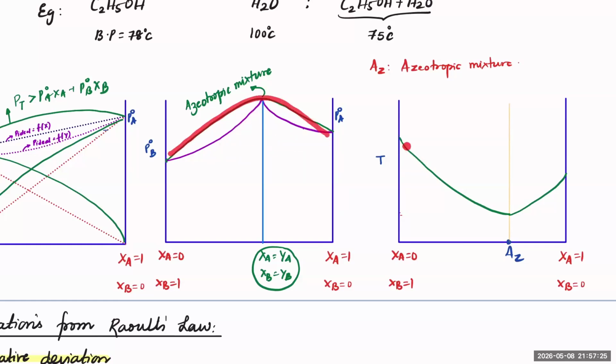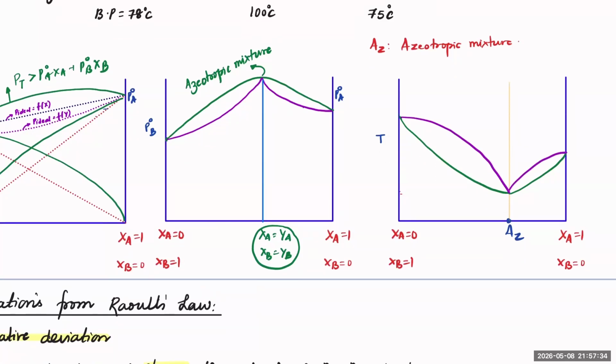This is the liquid line. Okay, and the vapor line would be going like this. Vapor curve will be going this way. Okay, this is the graph with respect to pressures. This is the graph with respect to temperatures, boiling point temperatures.